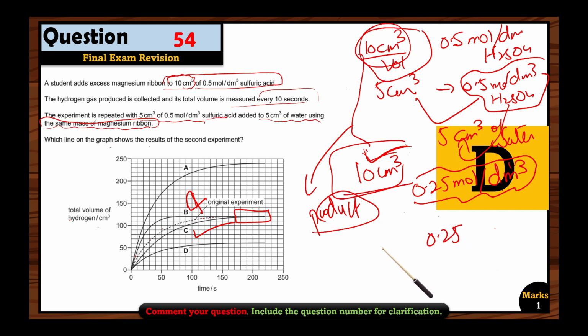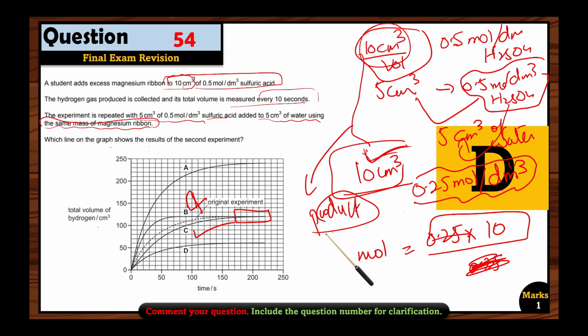So what will be the number of moles? 0.25 into 10 centimeter cube. For example, if you convert them, you can just assume it.